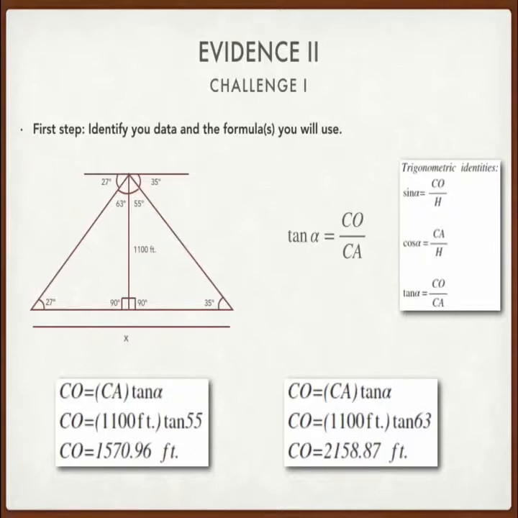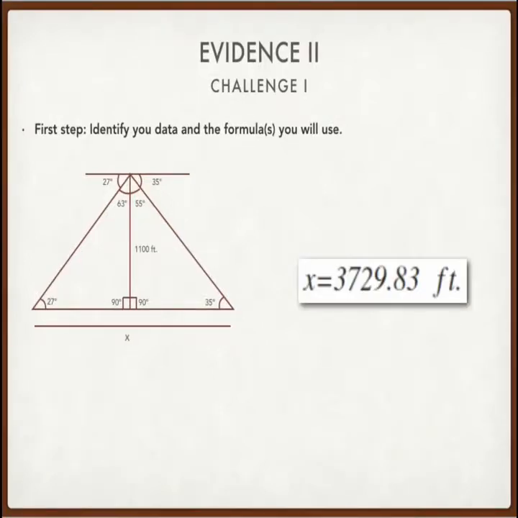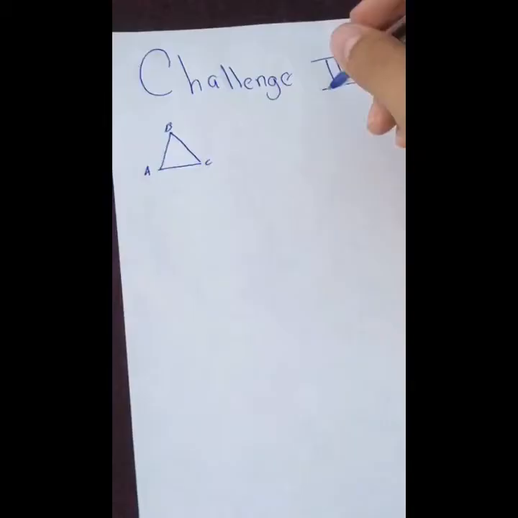So to know the unknown that we were asked in the beginning, the only thing we have to do is to add these two values and know the result, as you can see right here. That was all for challenge number 1. Thank you, teacher, and thank you all my partners.